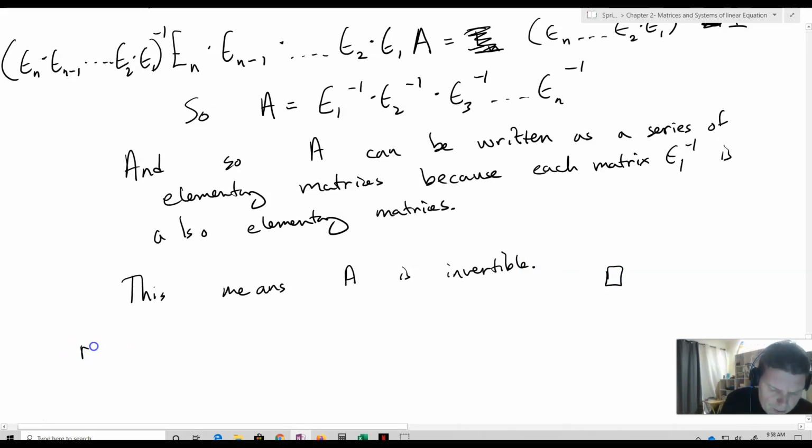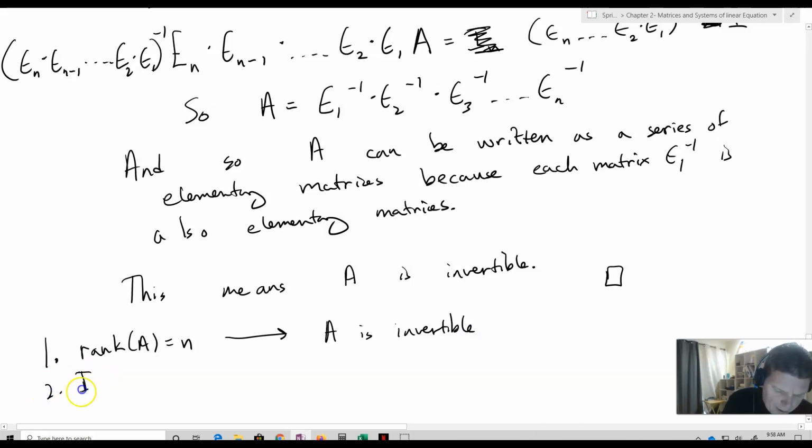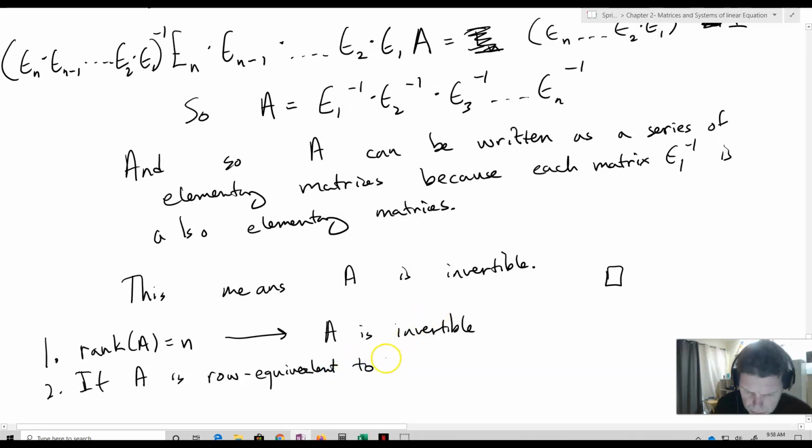One, we showed that the rank of A equals n implies A is invertible. We also showed, two, that if A is row equivalent to I_n, then A is invertible.